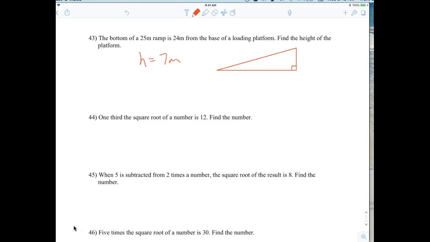The bottom of a 25-meter ramp, well, that would be 25 meters, is 24 meters away from the base. So that's considered the height. So it would just be h squared plus 24 squared equals 25 squared. Everybody good with that? Everybody okay?